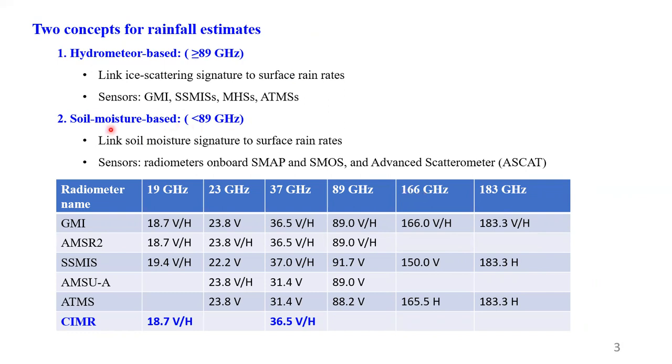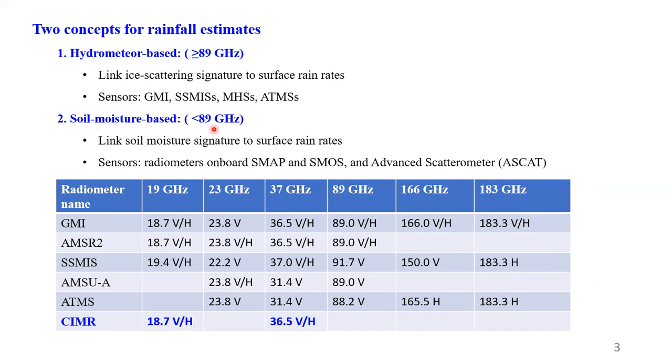Another concept is a soil moisture based concept, which is when the surface gets wet, it has probably rained, especially at a large scale, for example 10 or 15 kilometers. When the surface gets wet, we know it's highly likely it has rained.